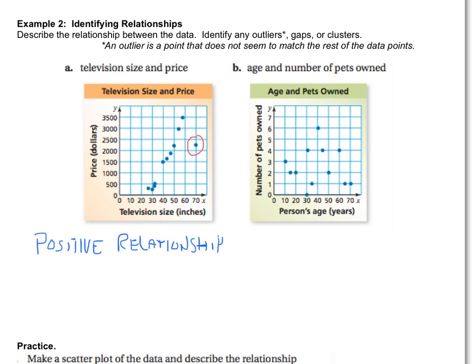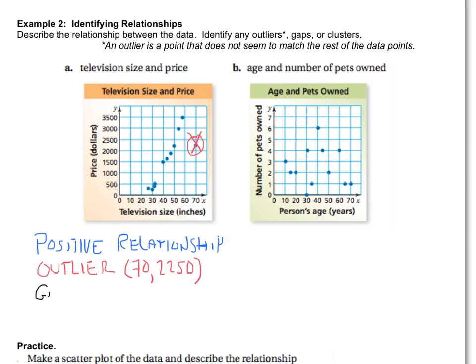So the outlier, I would say in this case, is going to be the point 70, and again, 2250, something about that. Doesn't really fit. It's probably one that we might just throw out and not include in our graph if we were doing more information about this data.